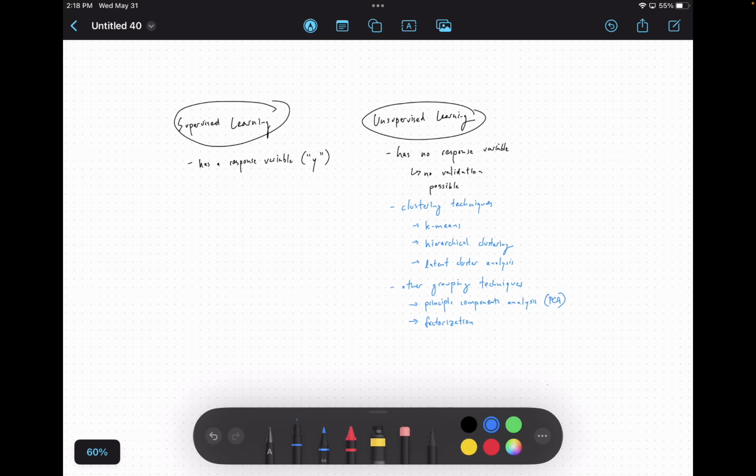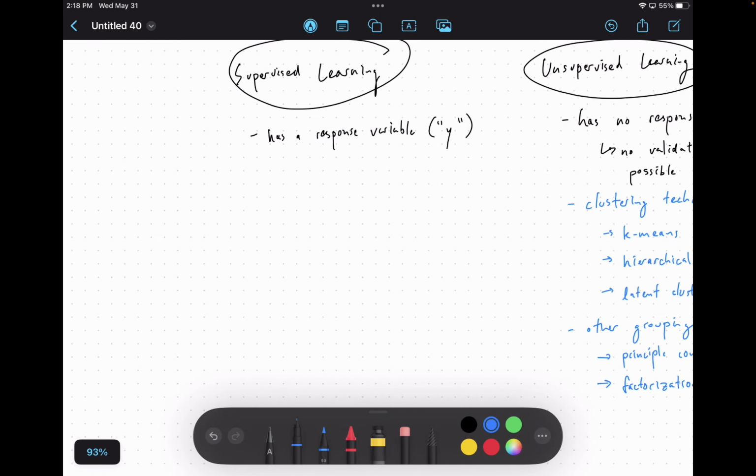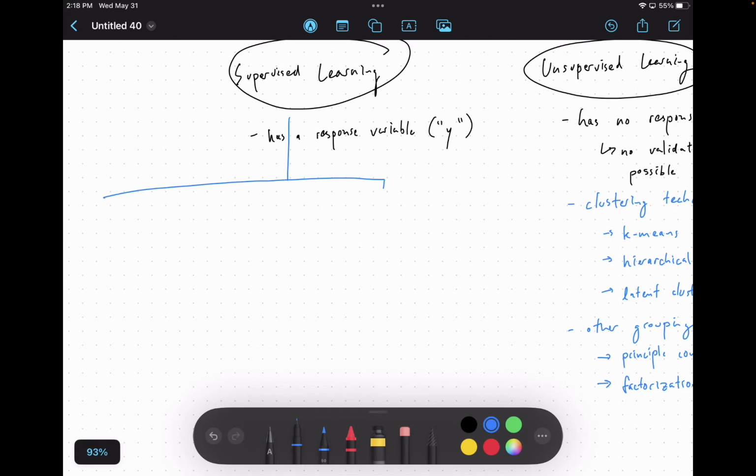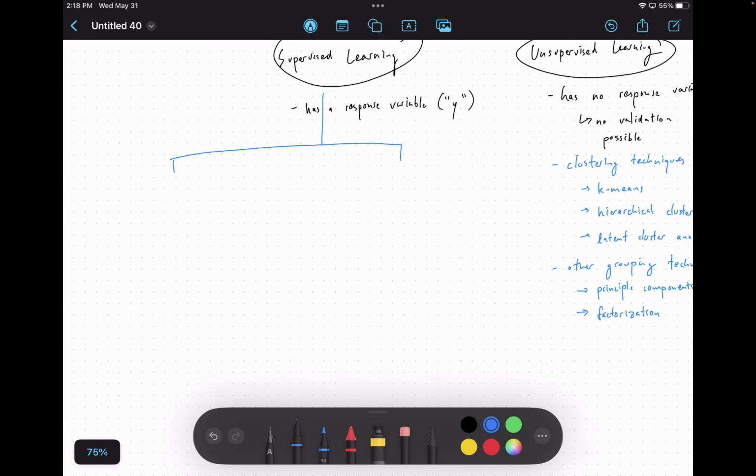Okay, and now we'll zoom out and focus specifically on supervised learning. And I'm going to break this down into two categories.